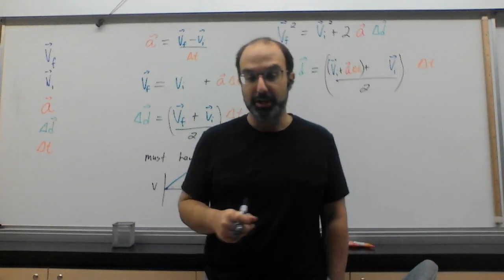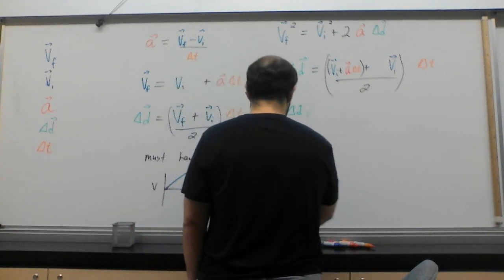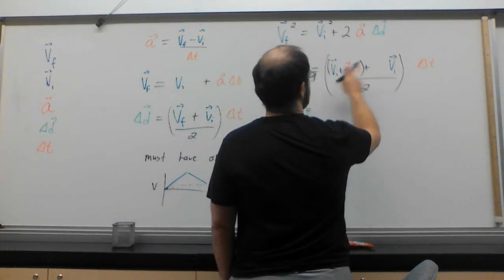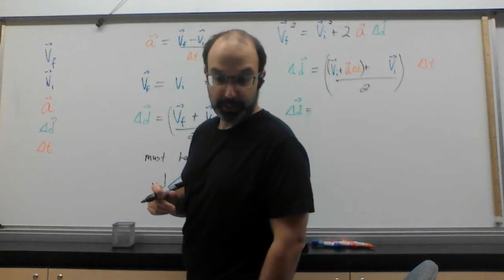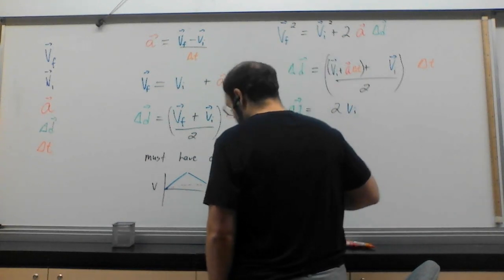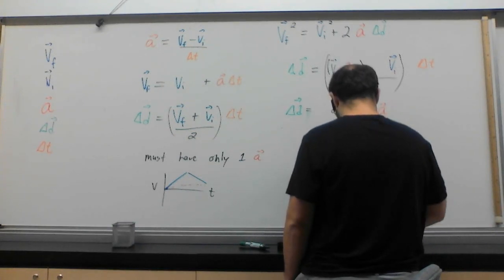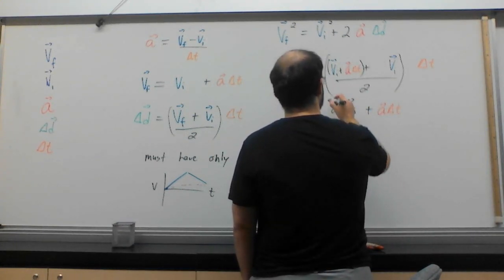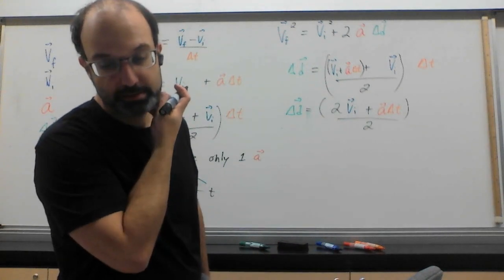What I'm going to get, as it mentions here, is something that looks like this: delta D equals, once again, I'm going to have to do a little bit of multiplication in here, and I'm going to get 2VI plus AT, all of that over 2. And finally, of course, there's a T on the outside.